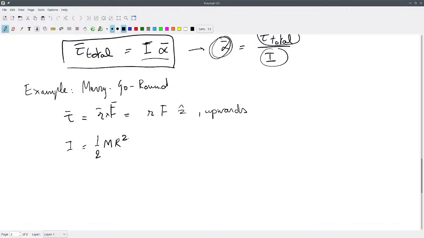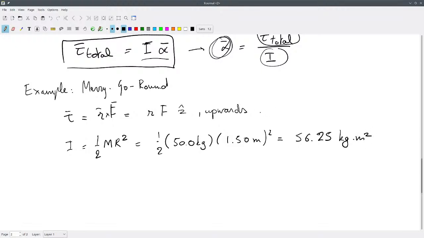Plugging in M equals 50 kilograms and R equals 1.5 meters, squared, we would find 56.25 kilogram meter squared as the moment of inertia.